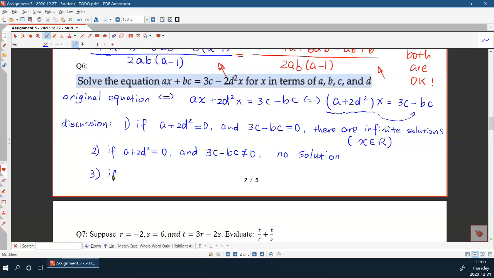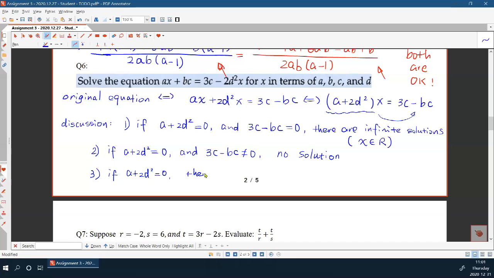Third, if a plus 2d squared is not 0, we don't need to discuss the right-hand side under this circumstance, because all we need to do is put it on the right-hand side, right?